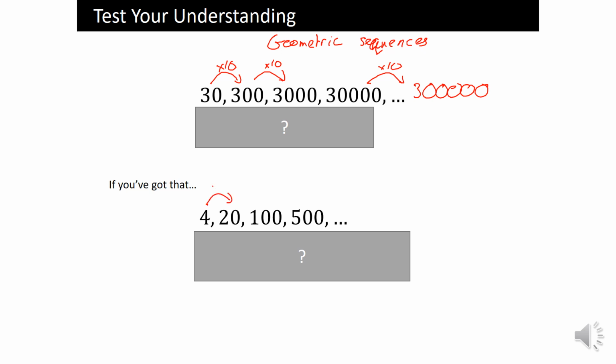This one, the multiplier is 5, so our next term will be 2,500. If you want the nth term for the first, it would be 30 times 10 to the n minus 1. And this one would be 4 times 5 to the n minus 1.